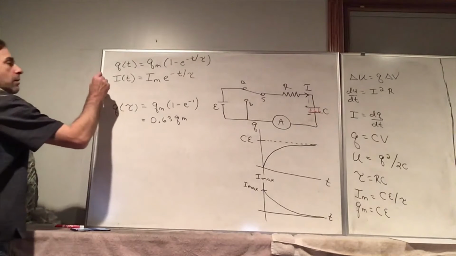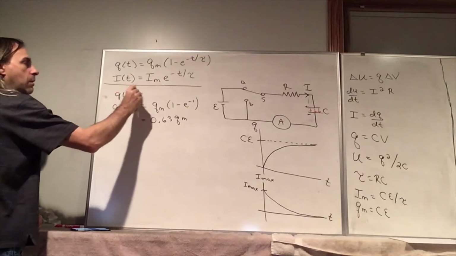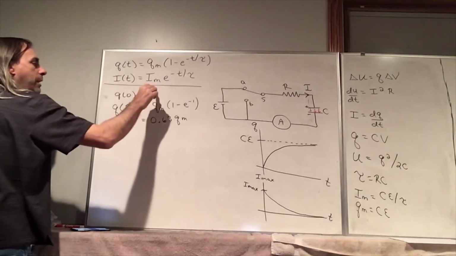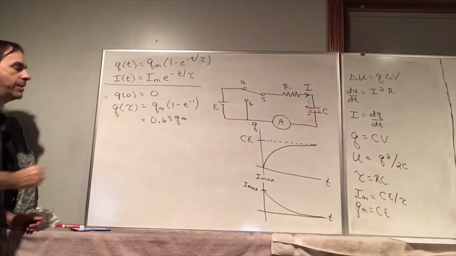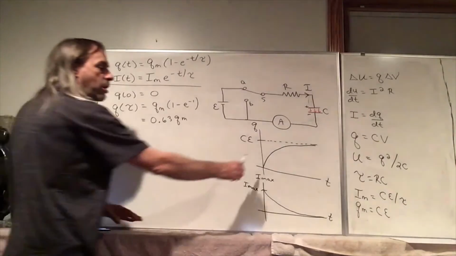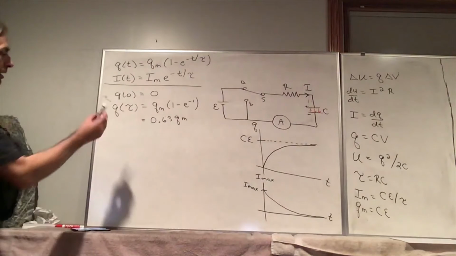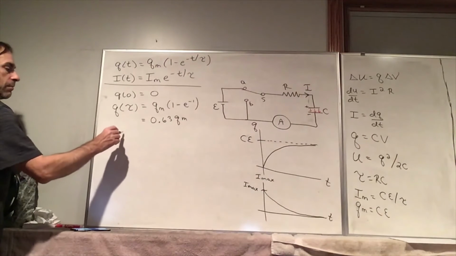So e to the 0 is 1. So Q0 is 0. So after one time constant, we're 63% of the way to our maximum current. So this curve starts out rising very quickly. And let's look at two time constants.